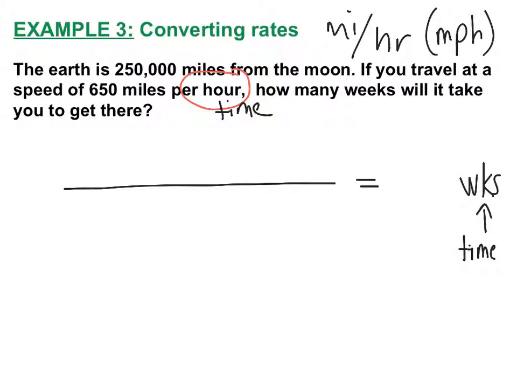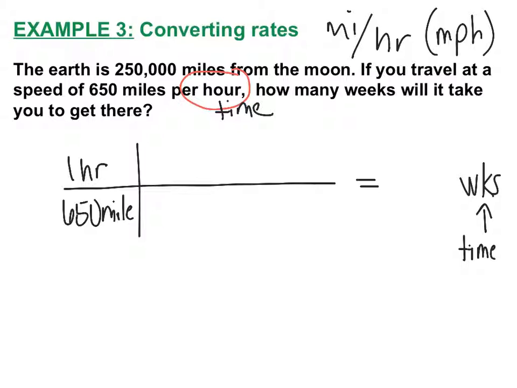So since weeks is a measurement of time and hours is a measurement of time, I can start with hours on top, because that's what I want in the end. I want time in the end. So if we start with 1 hour over 650 miles. So I want time, but I don't want it in a measurement of hours.